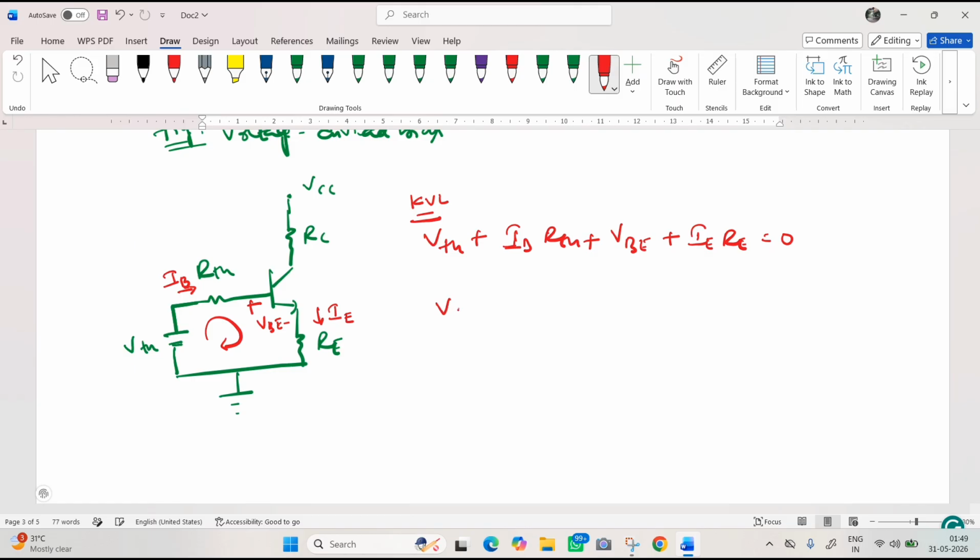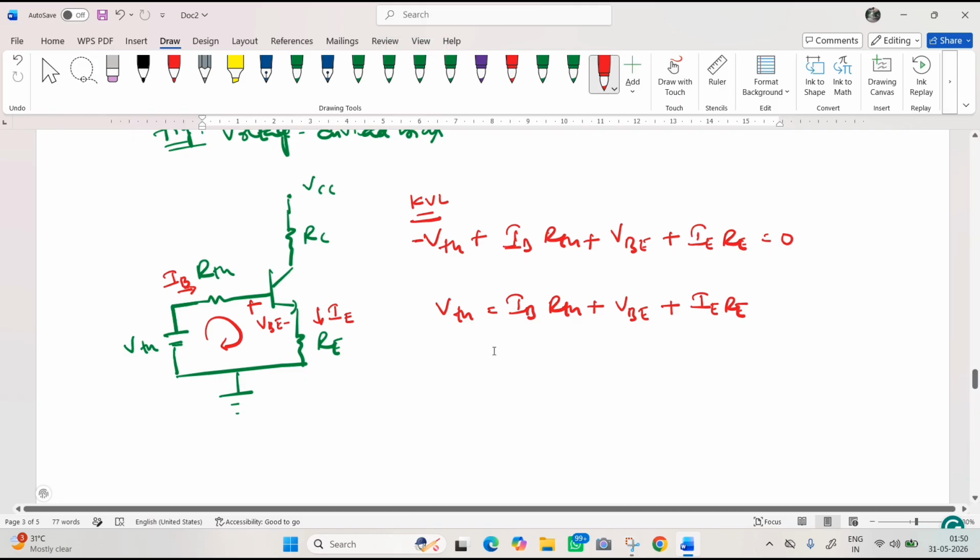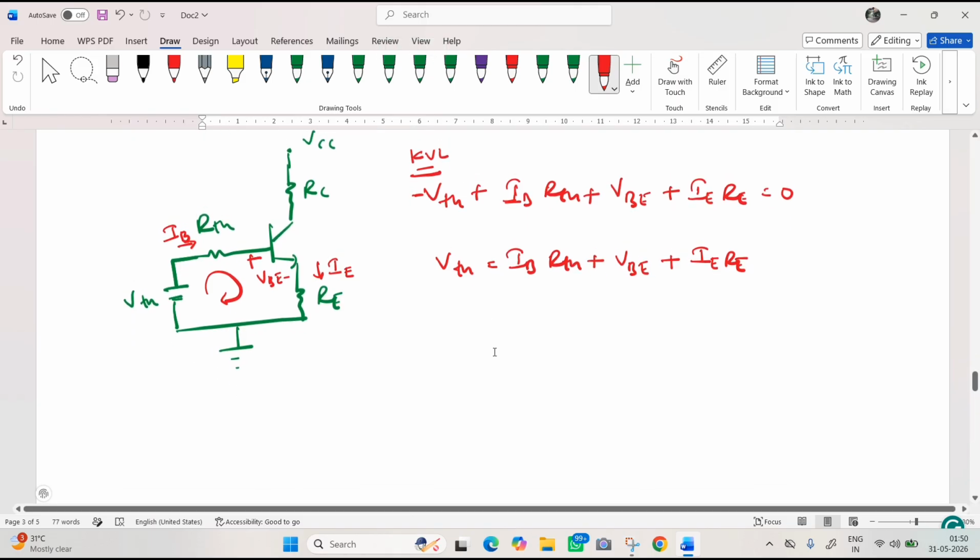By using this, let me find V Thevenin. V Thevenin will be negative while entering, and the rest of the terms become positive only. Then V Thevenin will become IB into R Thevenin plus VBE plus IE into RE. I will get it, right? Up to this point was very clear. After this, here we have to find the emitter current.